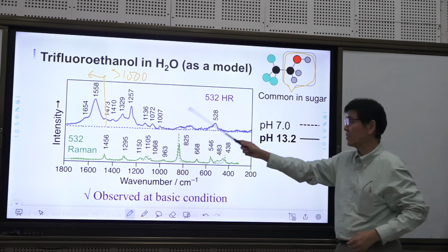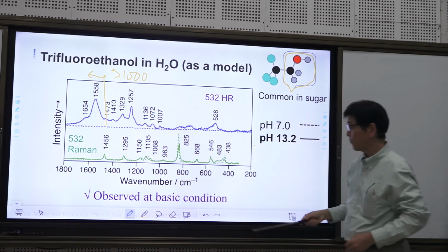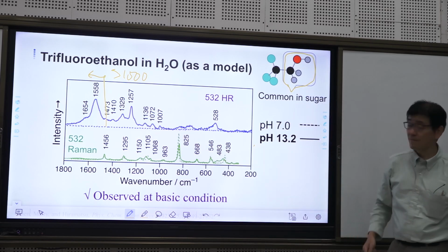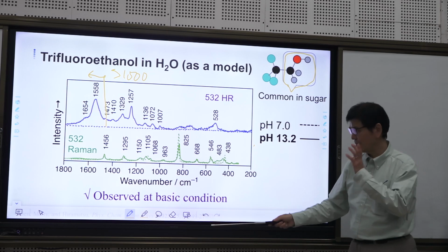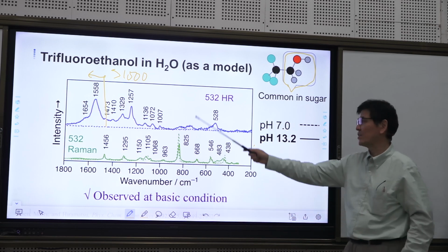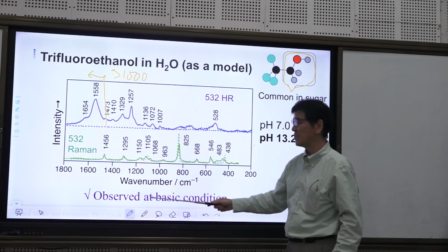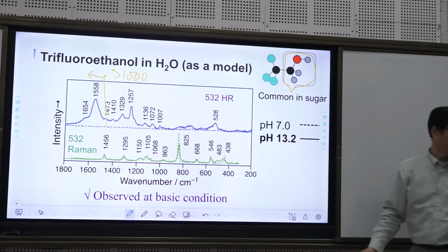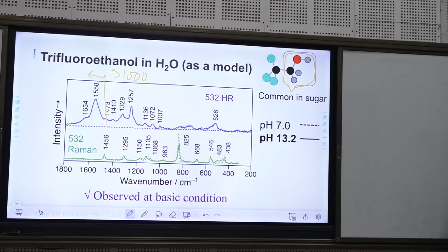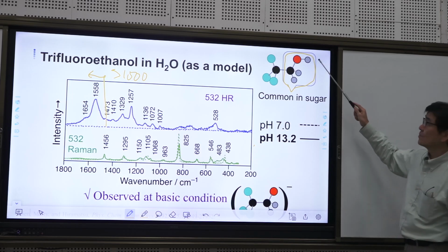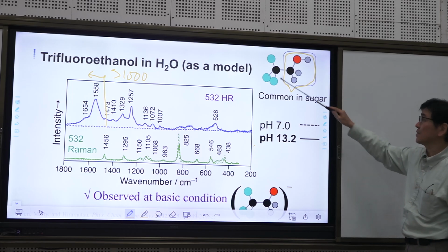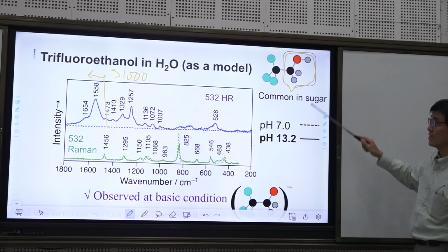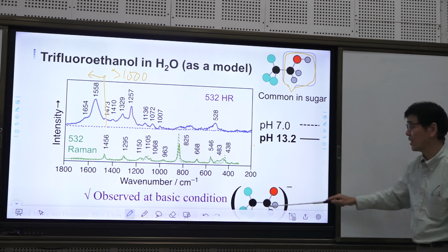So the first information was that this signal was observed at basic condition. So instead of considering this structure, let's consider the trifluoroethanol anion.